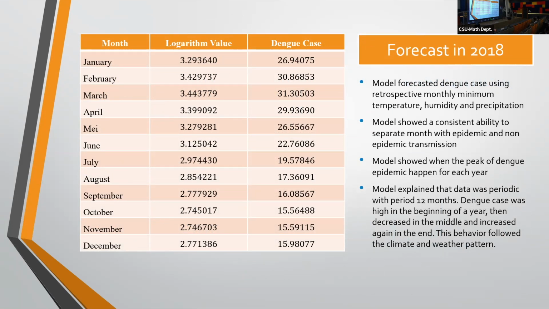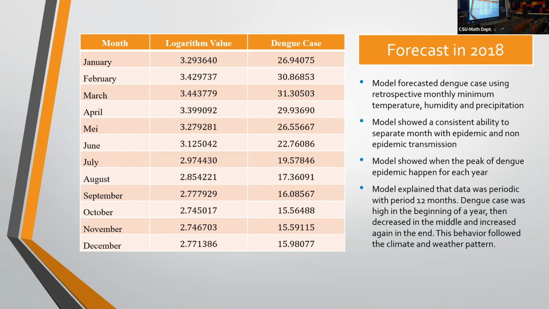We have a forecast model using those autoregressive models, with consistent ability to separate months with epidemic and non-epidemic transmission. The model also showed when the peak of the dengue epidemic happened each year, and the data was periodic with a period of 12 months, so just one peak in one year.